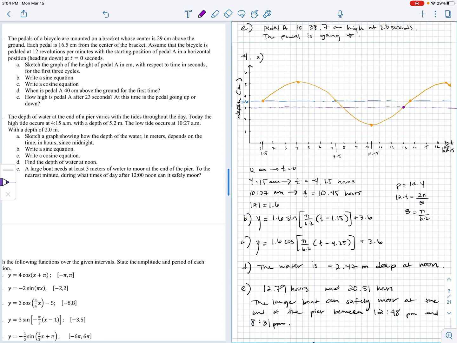I want to figure out what 79% of an hour is in minutes. So I do 0.79 times 60, and I end up with 47.4. I rounded that up to 48 minutes. So the first time would be approximately 12:48 p.m., just before which the water would be 3 meters deep.